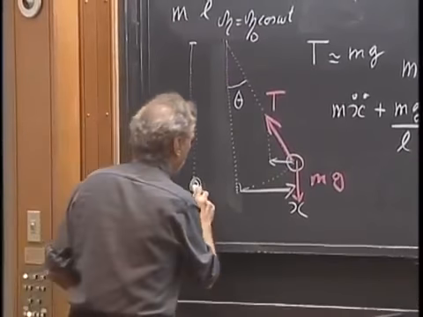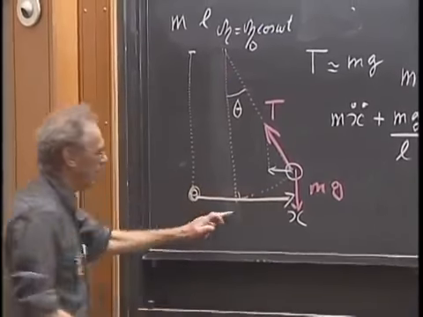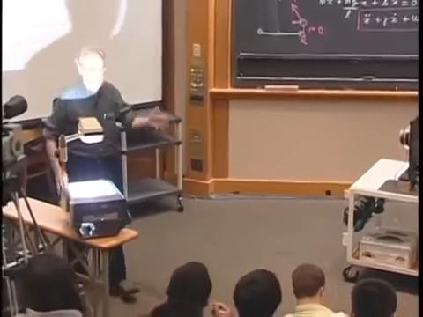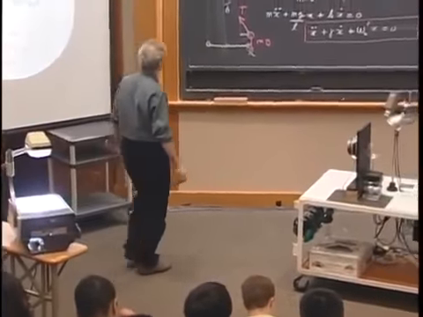And I will call now this distance from the equilibrium position x. You always use in your coordinate system the equilibrium position as your 0.